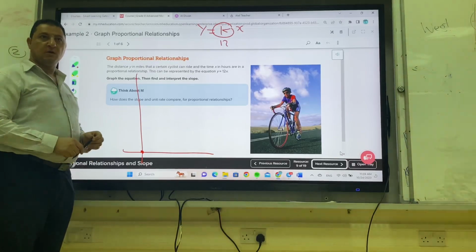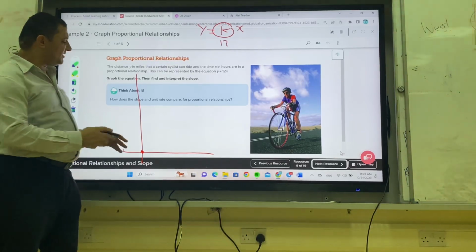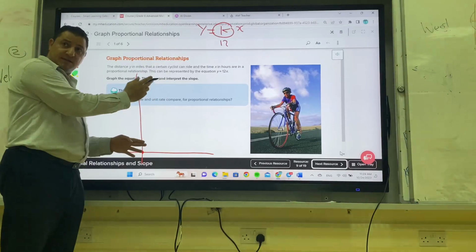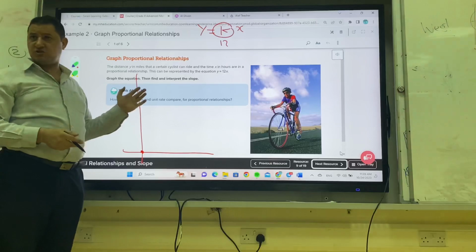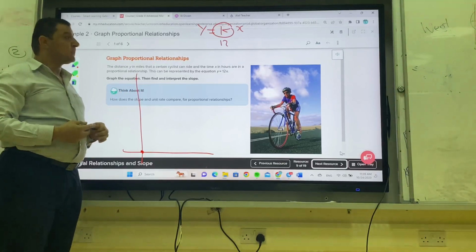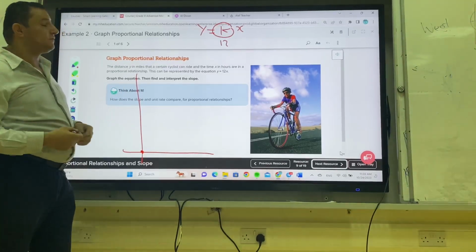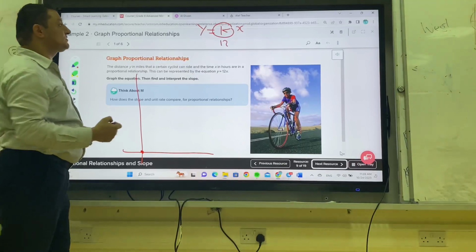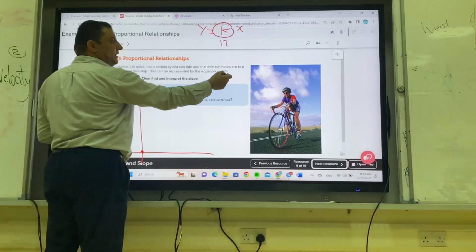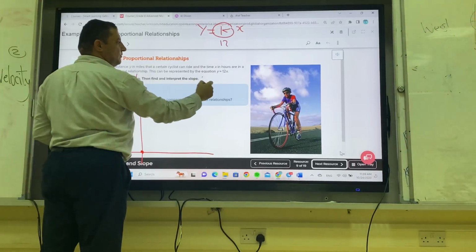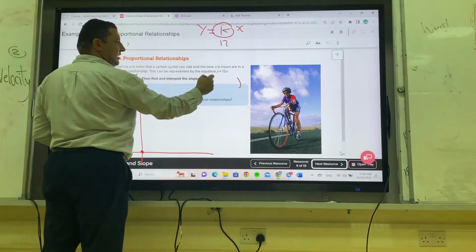What I want to do is find at least one more point to connect with this point, so I have graphed the line that represents the relationship. So what is the second point I can find? Let's say x is 1. If I make an ordered pair, x is 1.